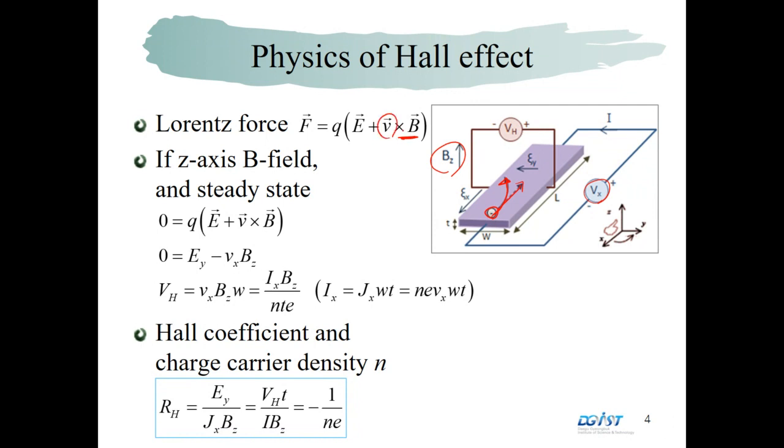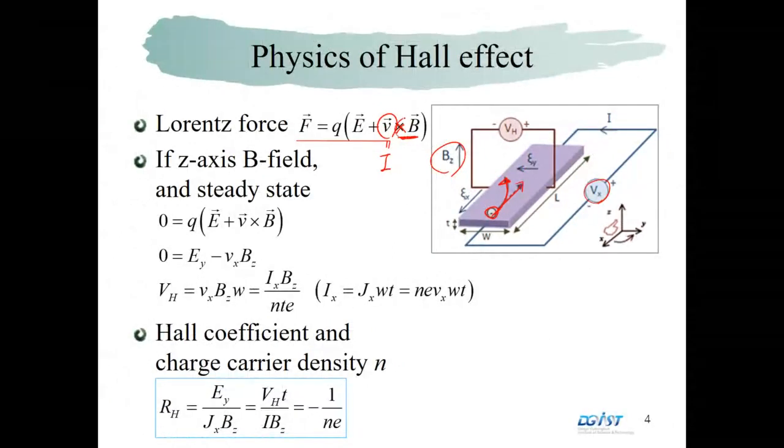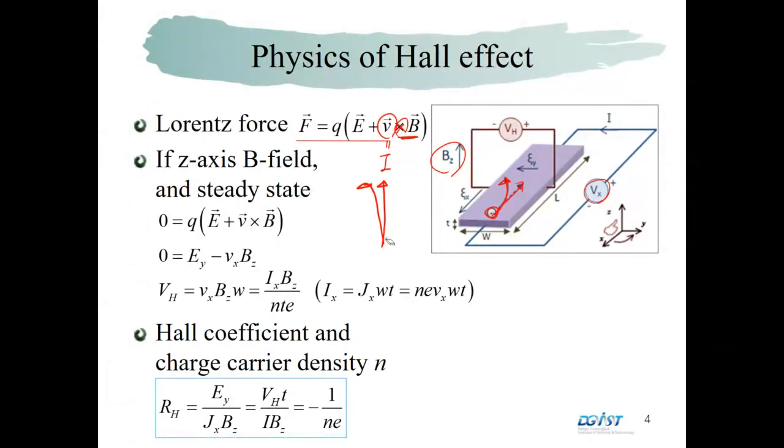The direction of the force is the cross product of the velocity, which is in the same direction as the current, and the B field, which generates the perpendicular force. So the electrons, with the external field, are bending. The trajectory is bending. So as a result, we have such a trajectory instead of this direction.